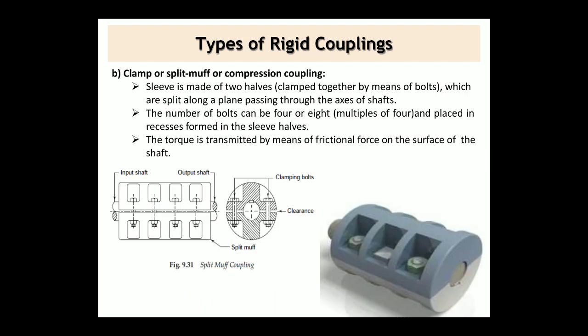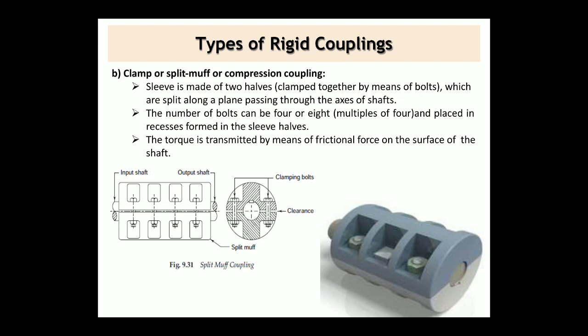Another type of rigid coupling is the clamp or split muff or compression coupling. Here, the sleeve is made of two halves which are clamped together by means of bolts, and split along a plane passing through the axis of the shaft, as we can see from the figure below.